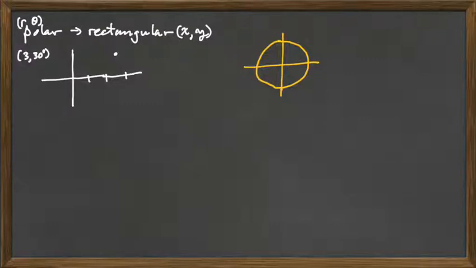If I say this point right here, you know the rectangular coordinates for this point. What are they? Negative 1/2, and then rad 3 over 2.